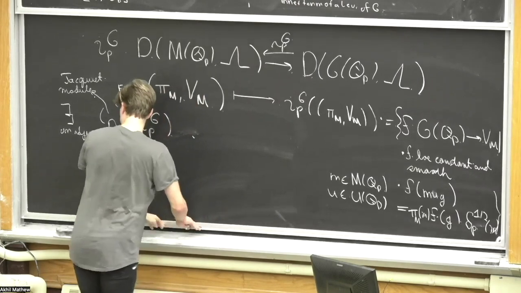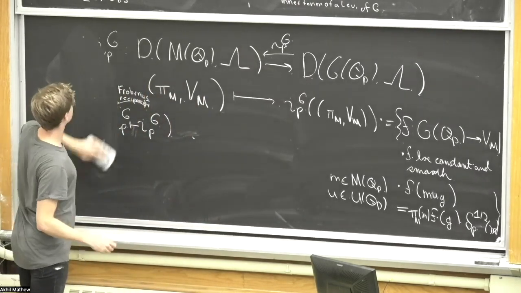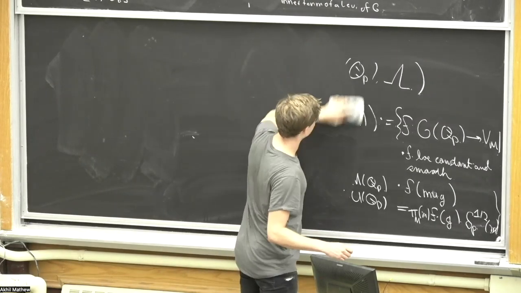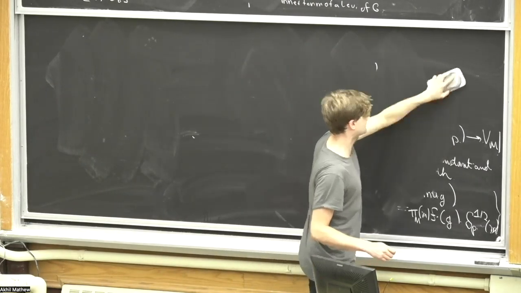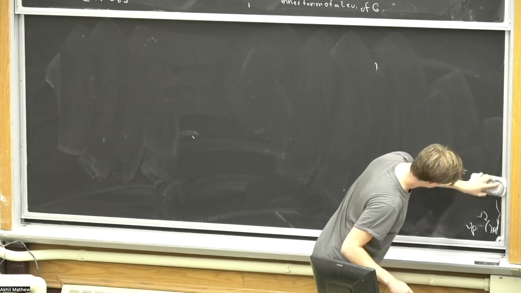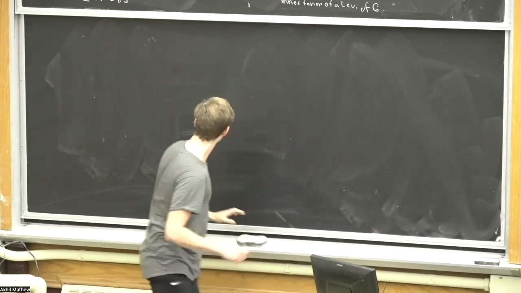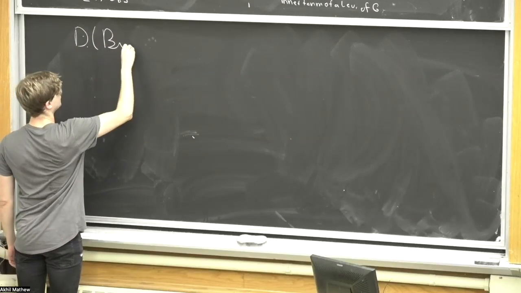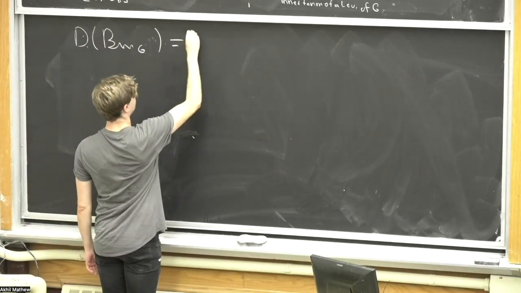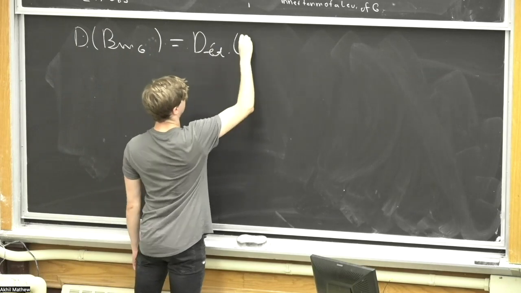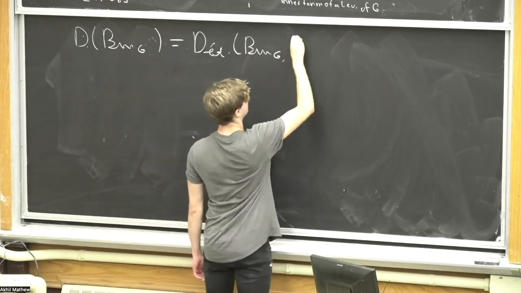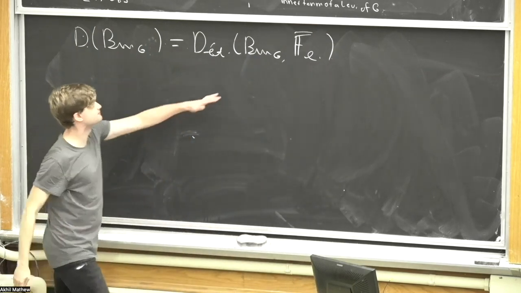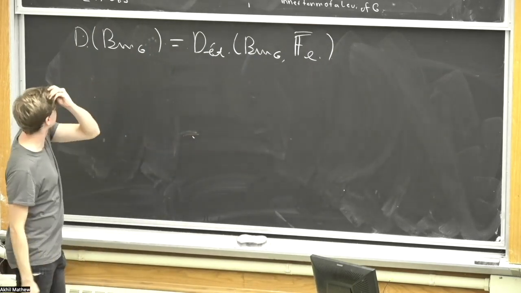Right. So what are we interested in studying? I'm now going to work with F_ℓ-bar coefficients to avoid some existential issues. So we're interested in studying what I'll denote as D(Bun_G), the derived category of F_ℓ-bar sheaves on this space. I'm going to omit the coefficient system often, just for simplicity.